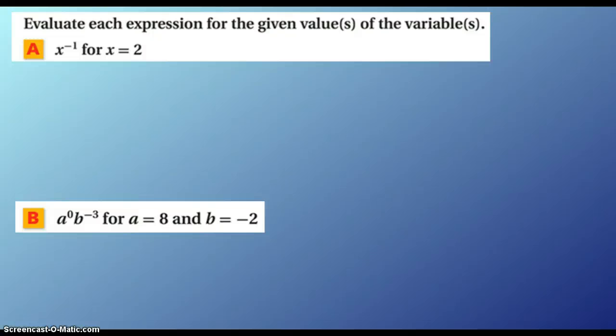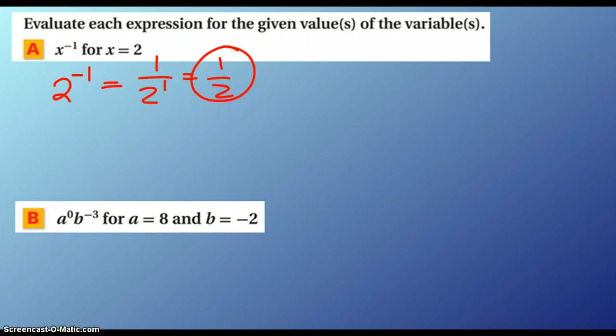So for instance, if we have x to the negative 1 and we substitute 2 in there, this is really like 2 to the negative 1, which is 1 over 2 to the positive 1 or 1/2. Secondly, you can already look at this like, okay, well I know anything to the 0 power is 1 no matter what I put in for a.